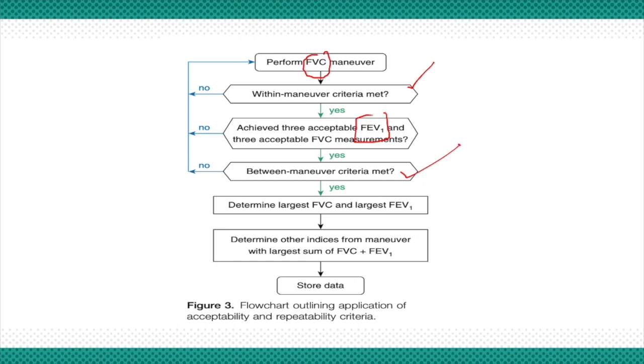Also, from the acceptable criteria, we do not take an average of the readings, but rather the largest FVC and the largest FEV1 can be taken, or from other indices we can take the largest sum, and this can be accepted for interpretation.